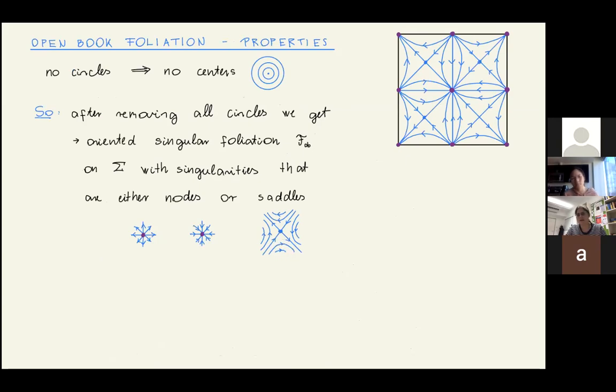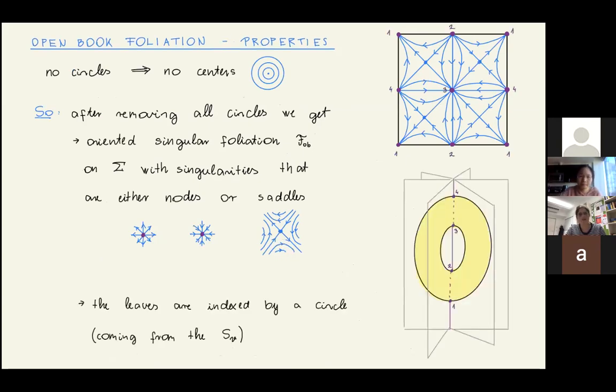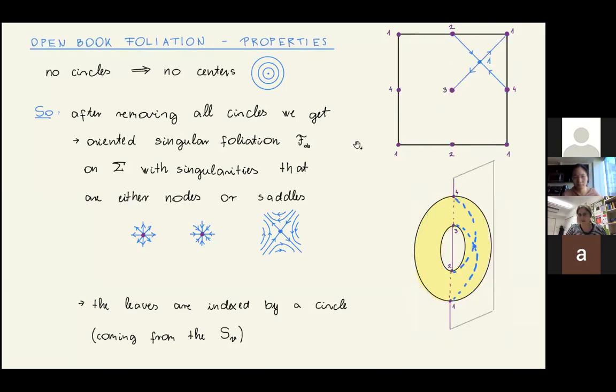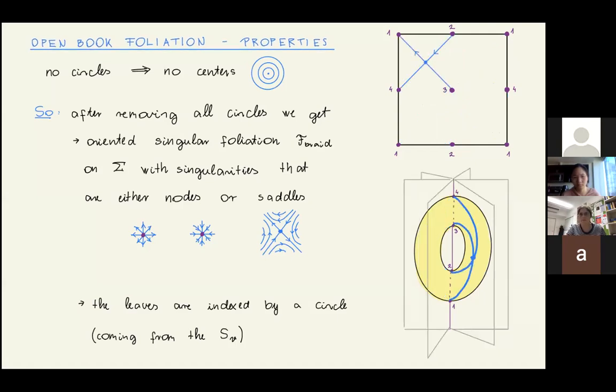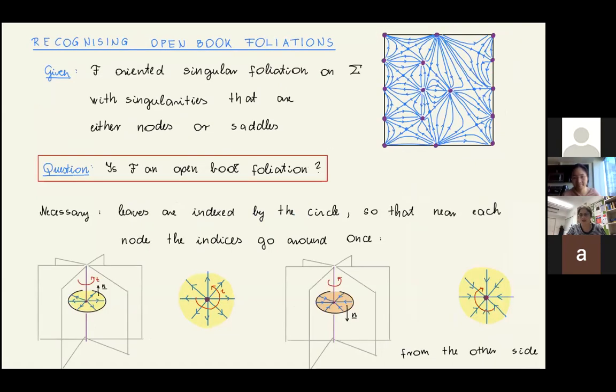And there is extra information which is coming from this S1 value of how the open book intersects the page. As you're going along, you're swiping through the surface with your pages, and then eventually you get back to where you were.